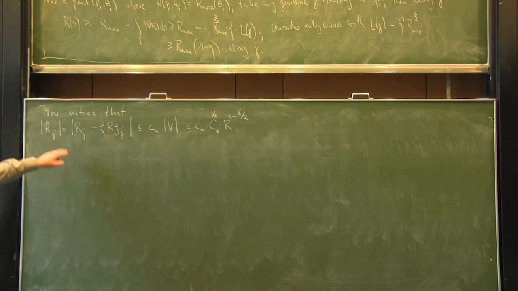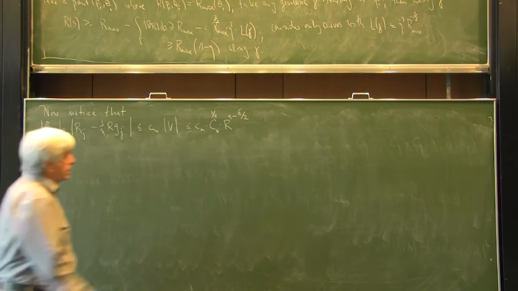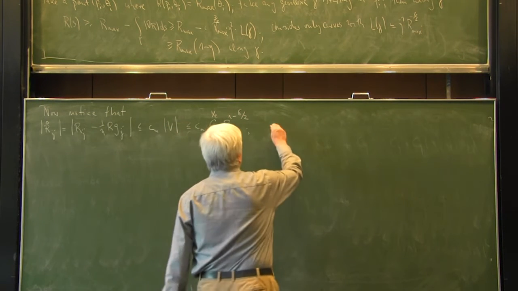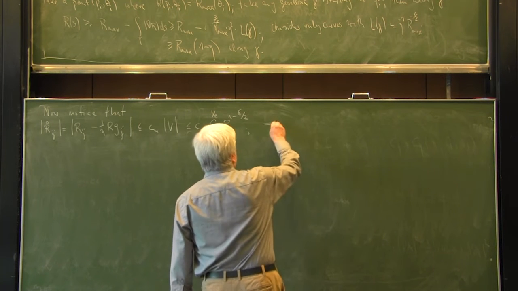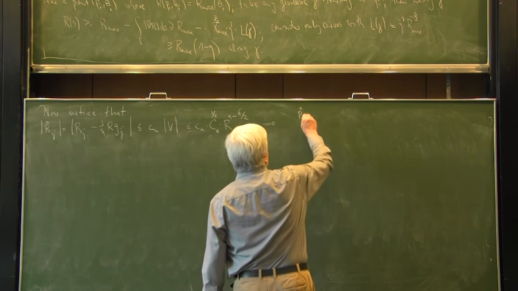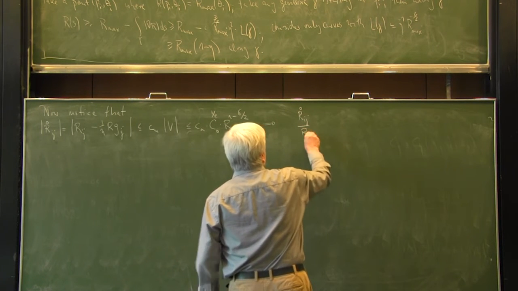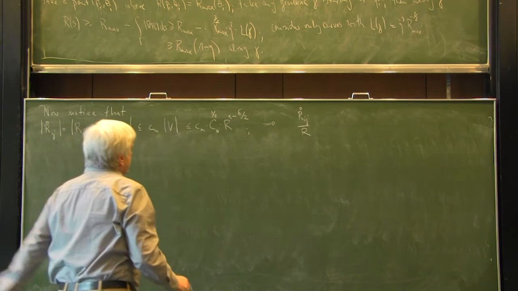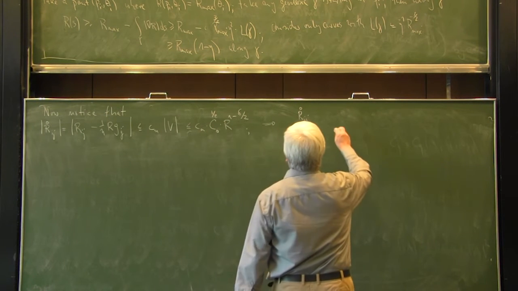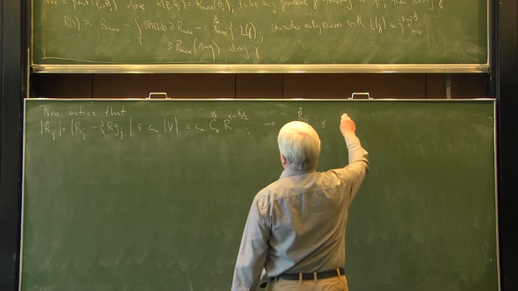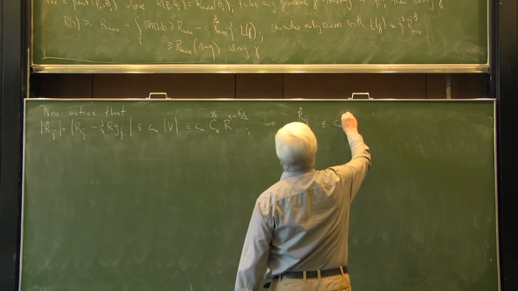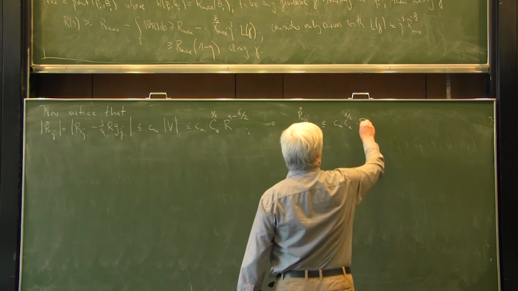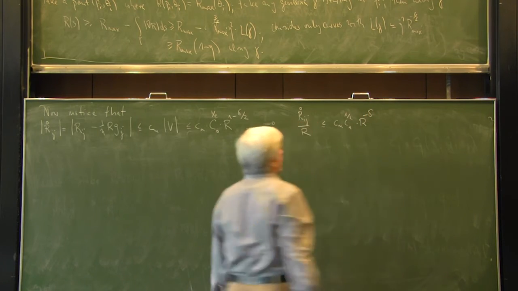So this means that the trace-free Ricci divided by r is less than Cn times C1 to the 1/2 times r to the minus delta.